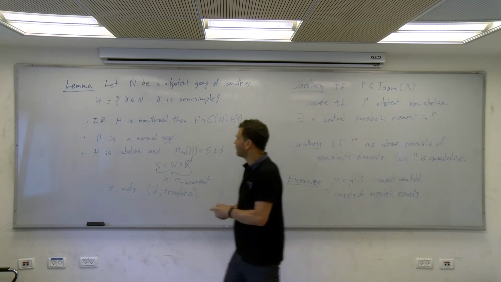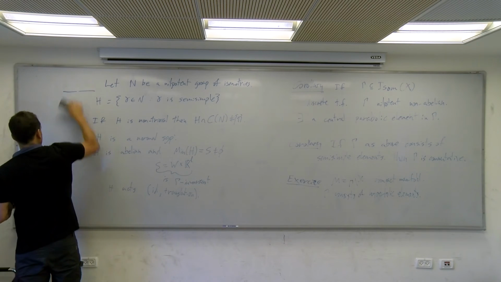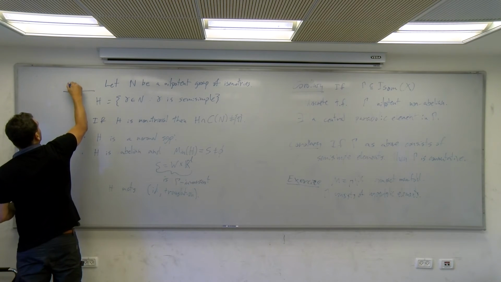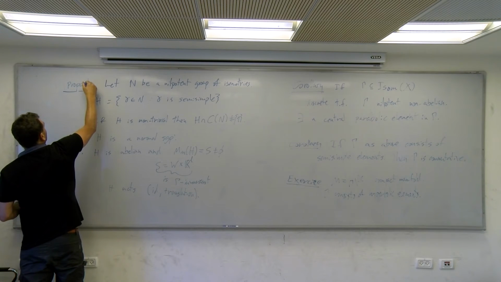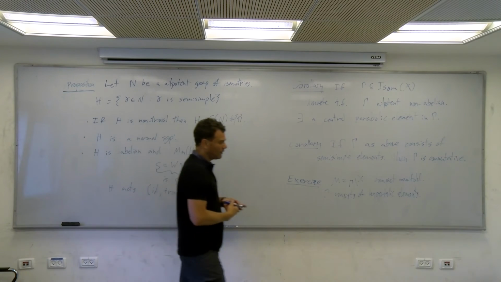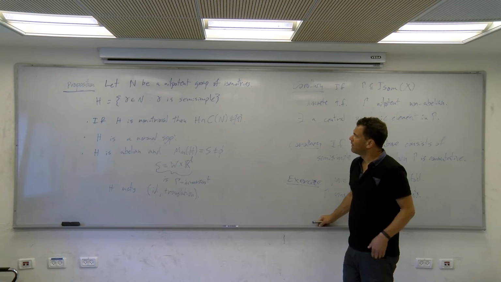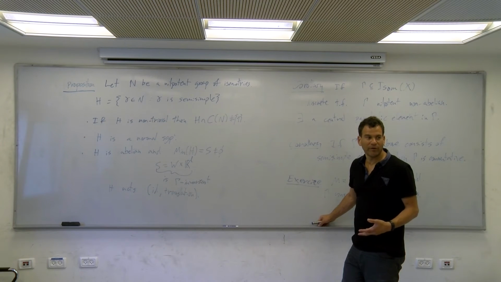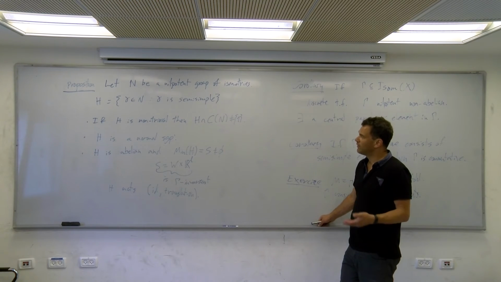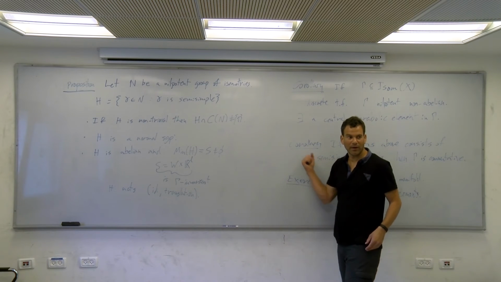So let's call it a proposition. It's a bit more important than that. But you see, if you think about it, if you have a nilpotent group of isometries, then either it's abelian and everything is simpler, or if it's not abelian, then in the center you will have both parabolic and hyperbolic.